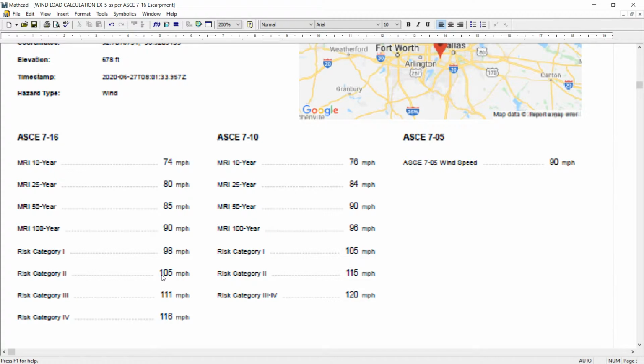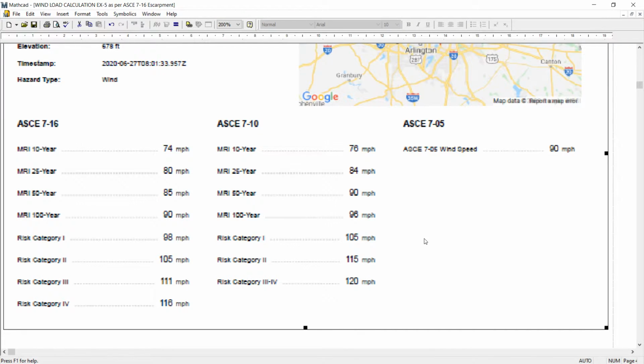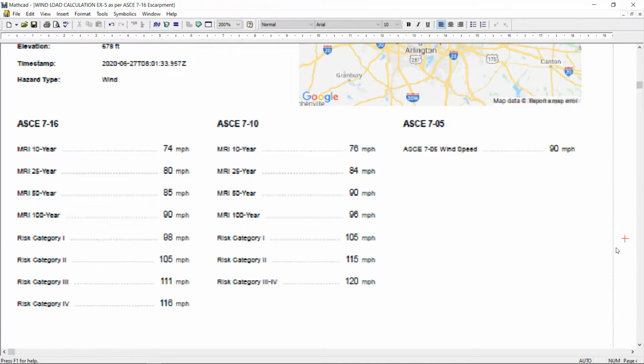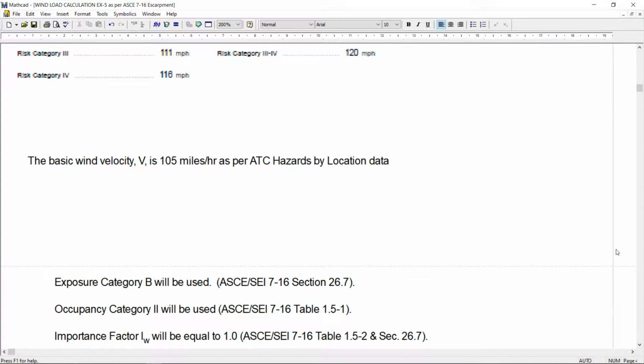So I shall be using this 105 miles per hour. The basic wind speed is 105 miles per hour as per ATC.